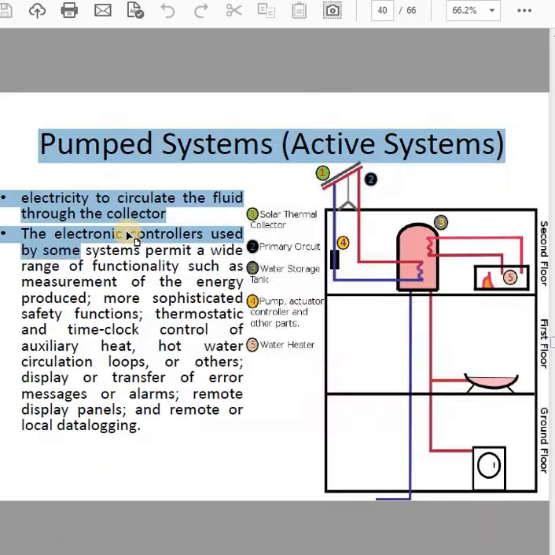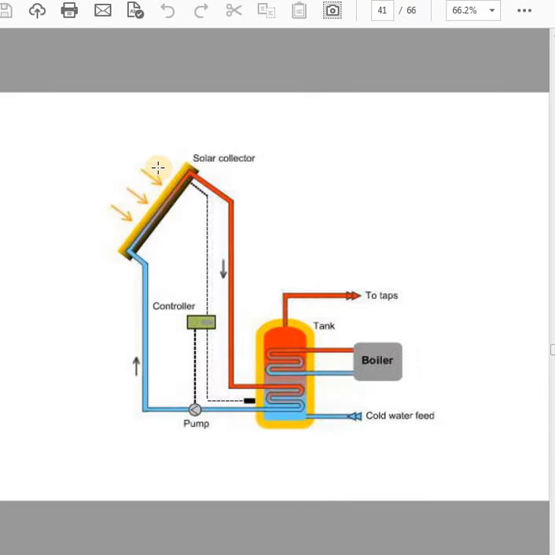So if you see here, the solar collector will be there, and here will be a tank. There will be a controller and there will be a pump. The cold water will be going in from here to the solar collector and getting collected back in the tank, so that it goes to the taps.